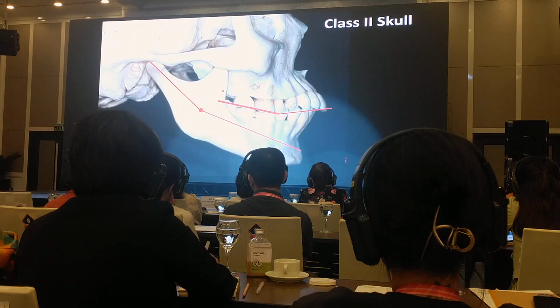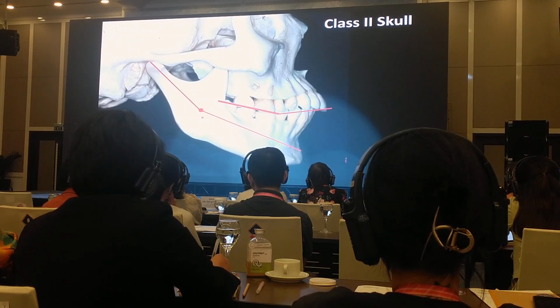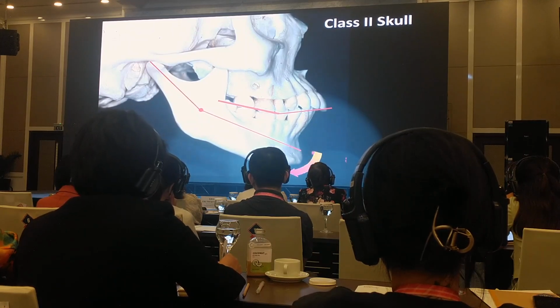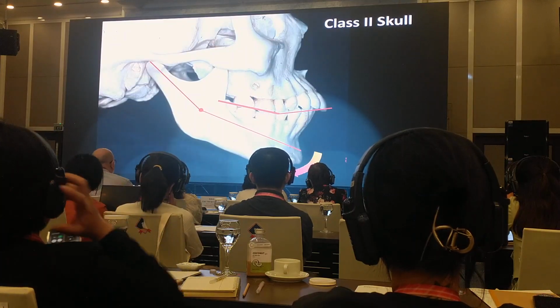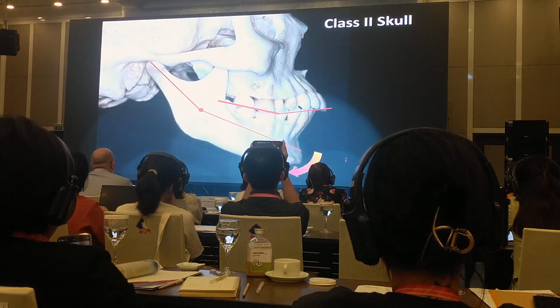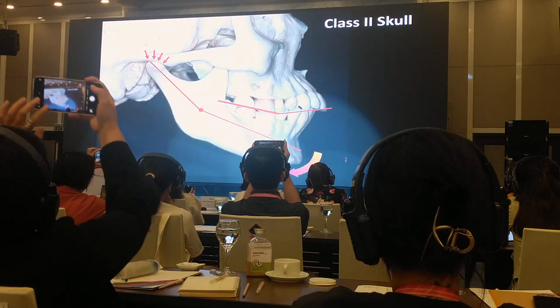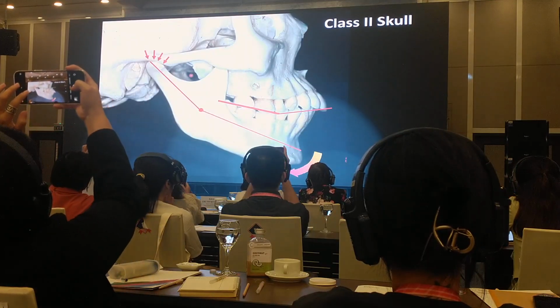This is a very, very important approach to the class 2, especially high angle case. This means the mandible rotates, tilts backward. This makes a very strong compression here.